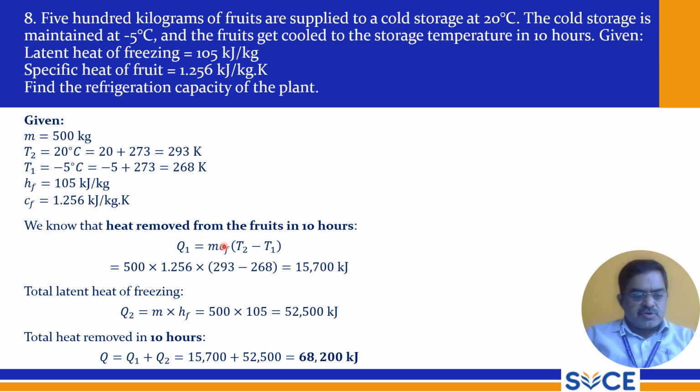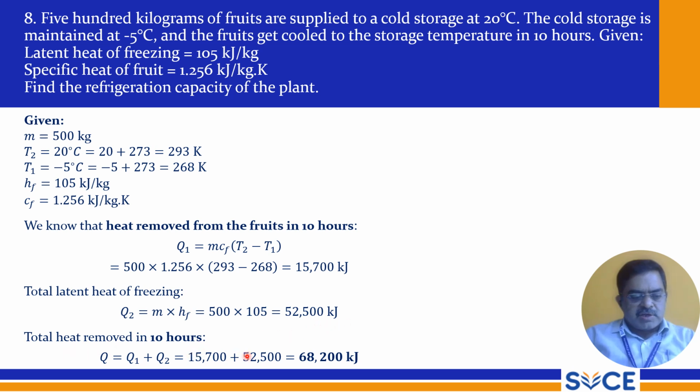We know that the heat removed from the fruits in 10 hours equal to m c into delta T, that is T2 minus T1. So that is 500 into 1.256 into 293 minus 268. So that comes to 15,700 kilojoules. So the latent heat of freezing is equal to mass into HF. So that is 500 into 105 equal to 52,500.